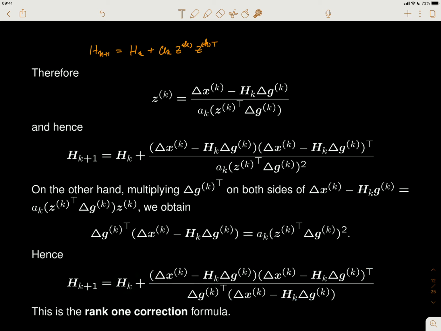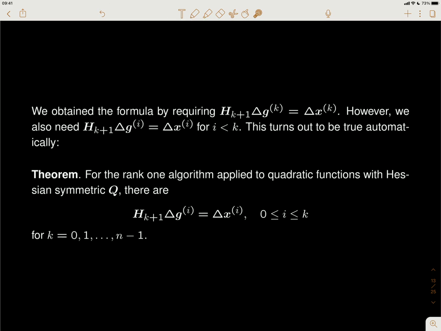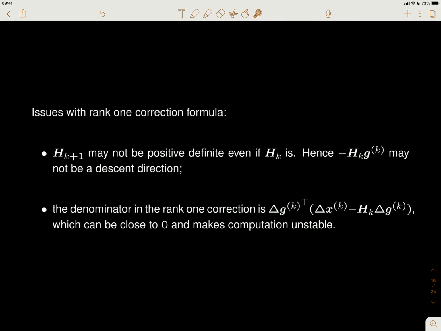Even if this one is positive definite, adding this one, we don't actually know the behavior. So it could happen that the Hk plus 1 is not positive definite, and in that case, this may not be a descent direction.